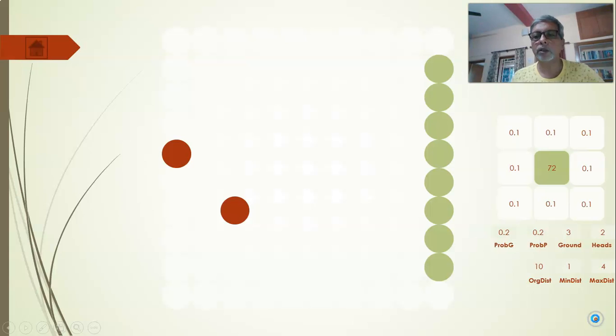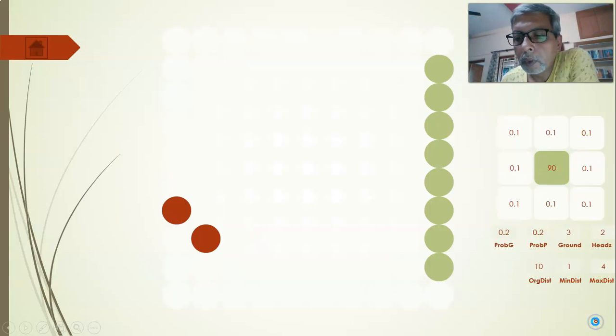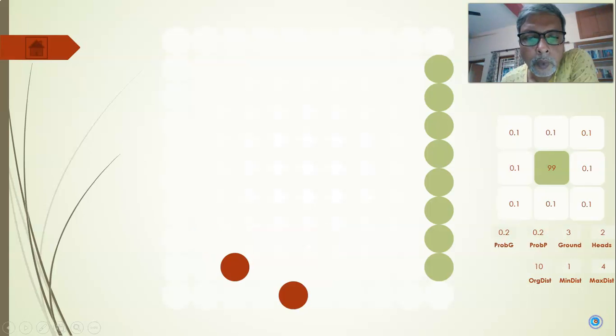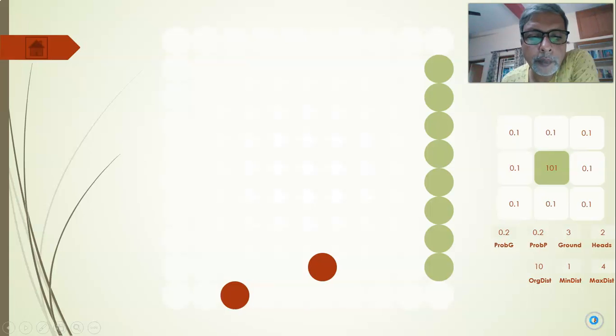So when it crosses 999 clicks, everything resets to 0. I can accommodate a maximum of 4 coins.